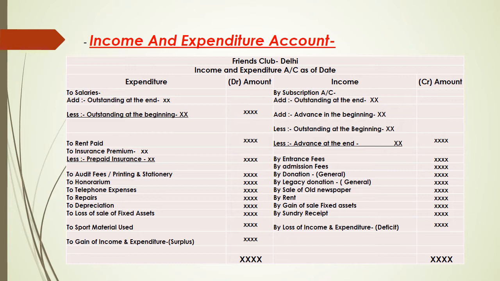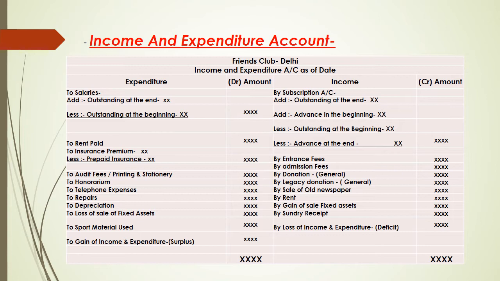If any person already paid for 2020-21 and I am preparing the 2019-20 income and expenditure account, that amount is related to 2020, not 2019, so we have to deduct this amount from the subscription account in the 2019-20 income and expenditure account.